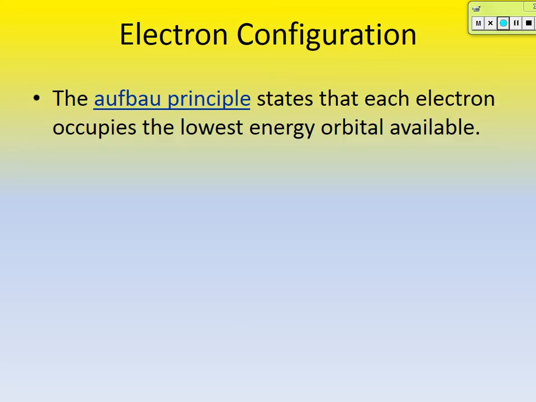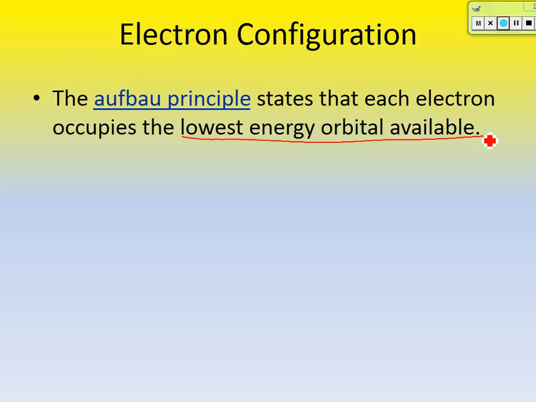Okay, there are some rules to writing electron configurations. I'm going to go over them briefly here, and we'll talk about them as we finish up the chapter. This rule, the Aufbau principle, states that each electron occupies the lowest energy orbital available. To be more stable, it likes to be closer to the nucleus, and electrons are going to occupy those lower energy levels first.